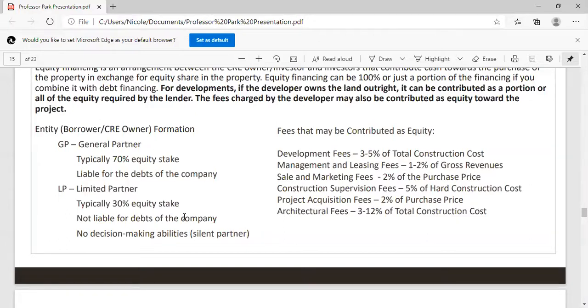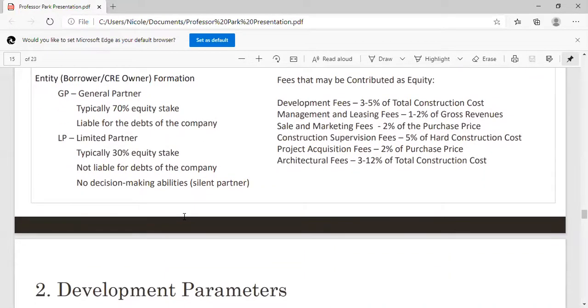So you can also contribute management leasing fees, which is 1 to 2% of gross revenue, and sale and marketing fees. Say you're doing a high-rise residential, you can contribute some of the fees that you would charge for marketing and or the sale of those units as your equity.